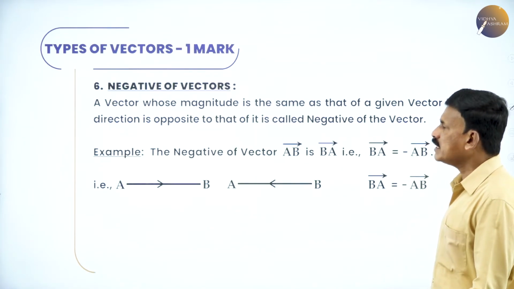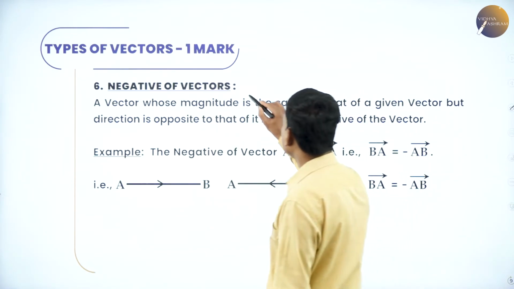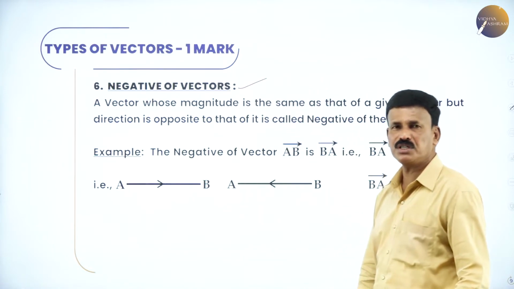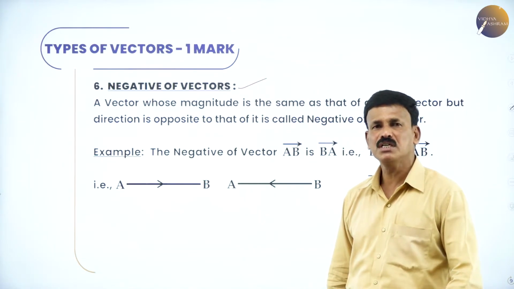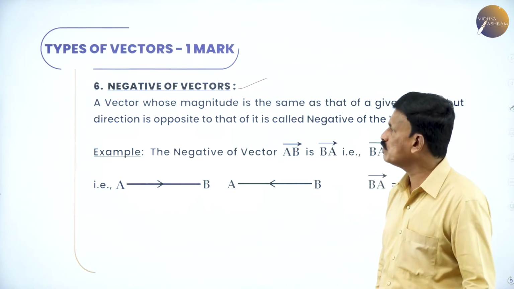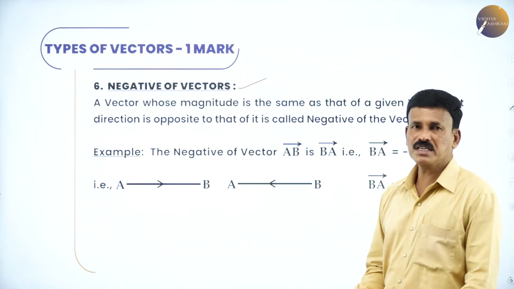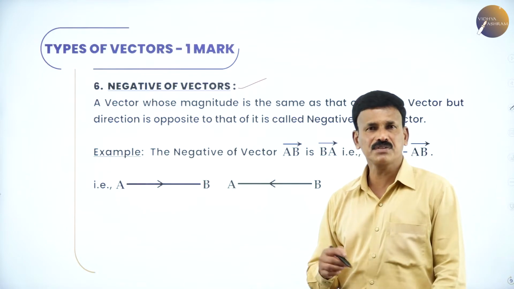Okay. Now, let us come to a very important concept, the negative of a vector. This is a very important definition. They may ask in the examination, define negative of a vector for 1 mark. So negative means a vector whose direction is opposite to that of the given vector.